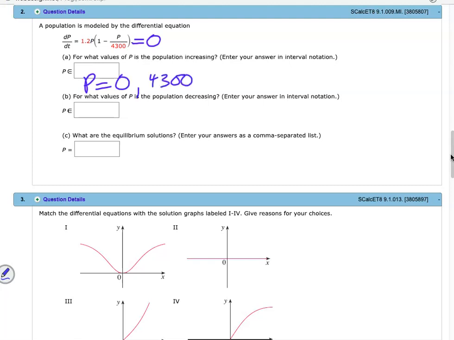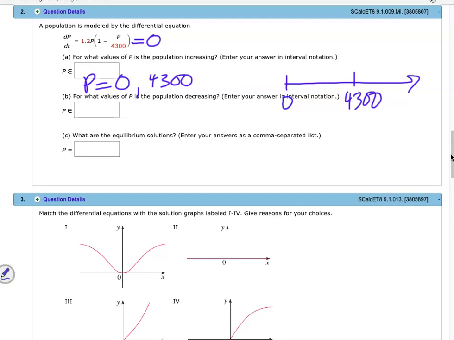So there are my two critical values. If I make a sign line, first question: if this is a population, am I going to have values over here? No, no negative numbers because it's population. As long as there are no zombies.